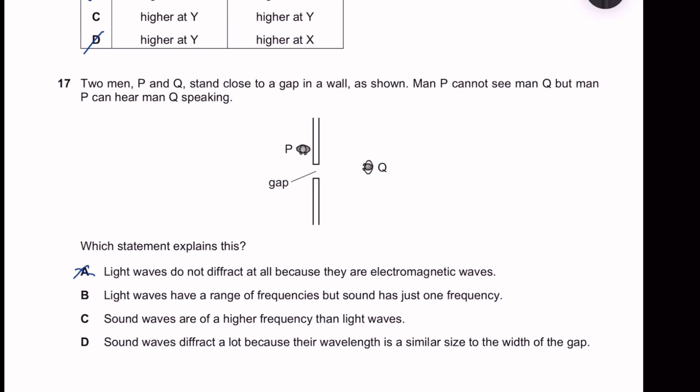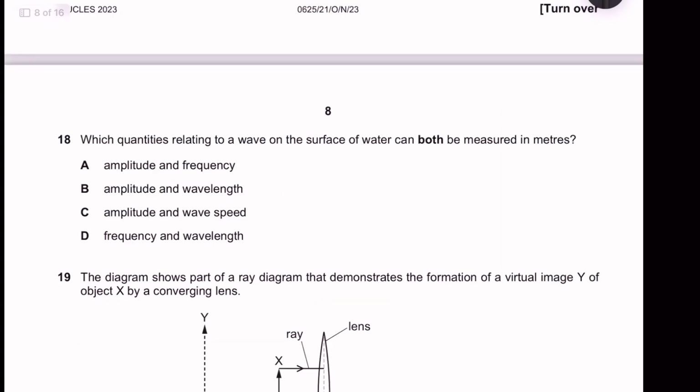Light waves have a range of frequencies, but sound has only one frequency, which is also wrong since light does not have one frequency. Sound waves are of a higher frequency than light waves, which is wrong. Sound waves deflect a lot because their wavelength is a similar size to the width of the gap, which is correct.